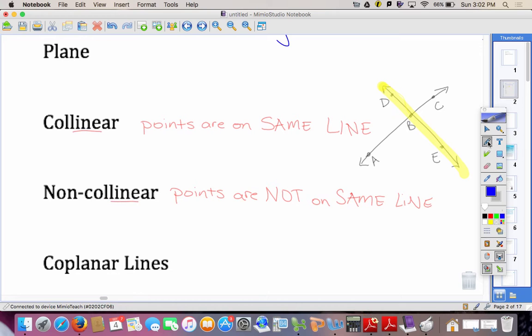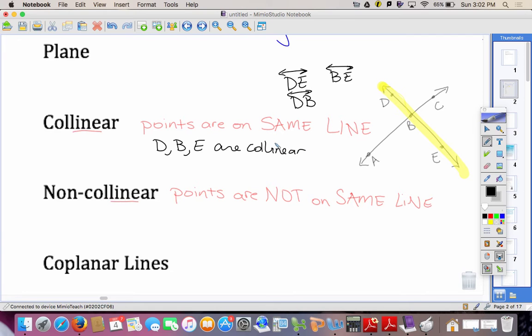Well, I can name this saying I've got line DE or DB or BE. Those are all great ways of naming this. And the points that are collinear here would be points D, B, and E are collinear. I want to always just put one L in there.